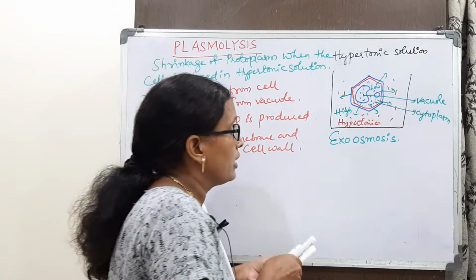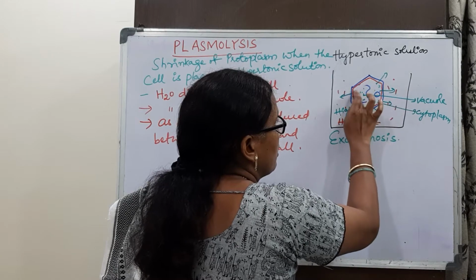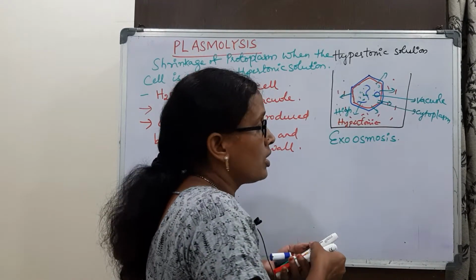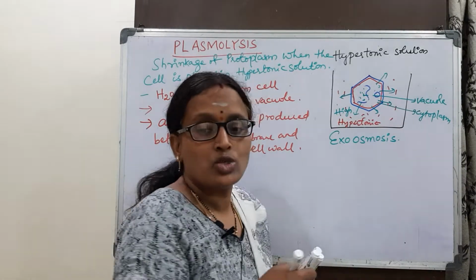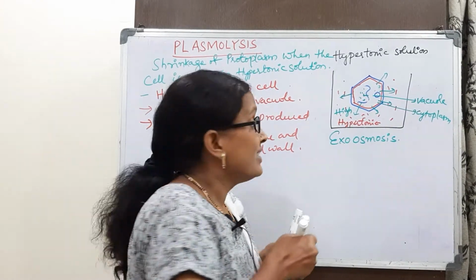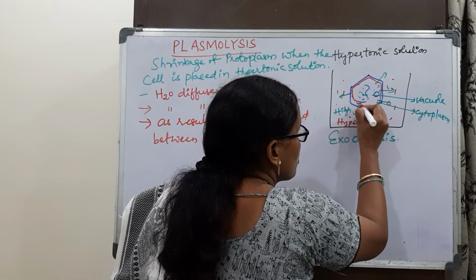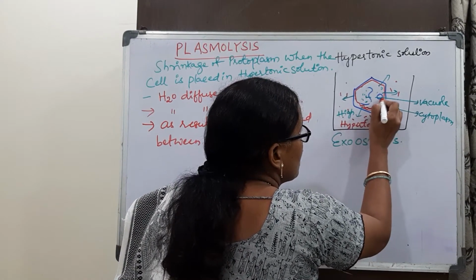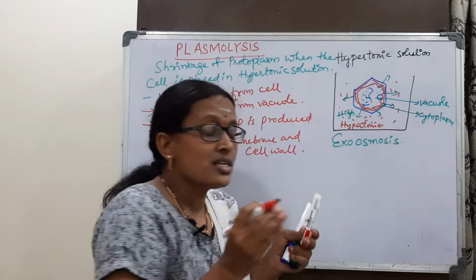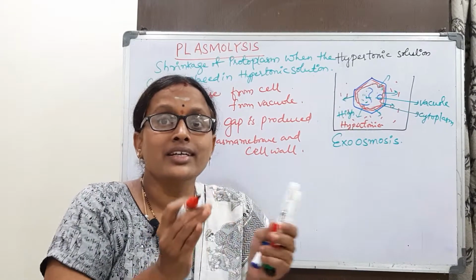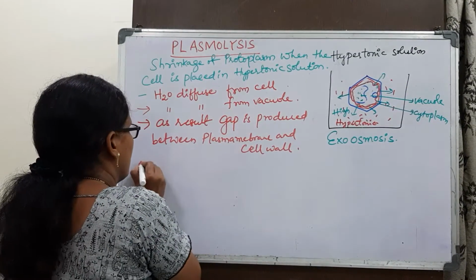Due to loss of water, shrinkage takes place. The plasma membrane is going to shrink. This shrinkage starts in the corners. The shrinkage of protoplasm starts in the corners. When the corners start shrinking, that is called incipient plasmolysis.